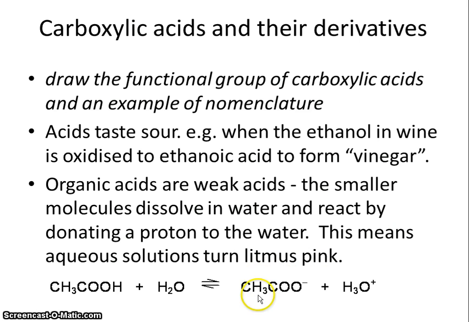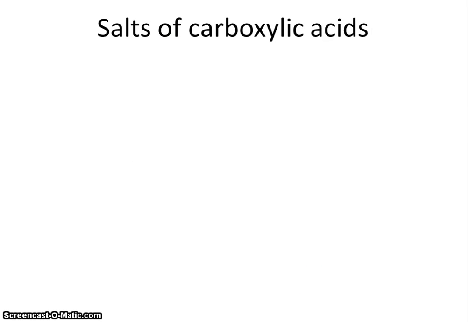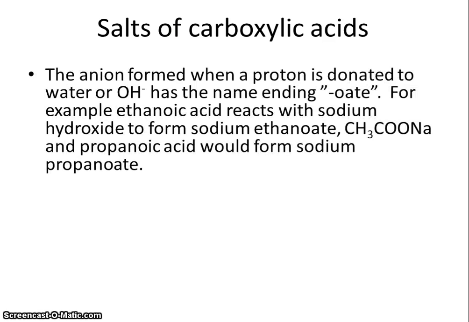A little aside though: this here is called an ethanoate ion. So ethanoic acid, ethanoate ion. If I had methanoic acid, it would be methanoate ion. Propanoic acid, propanoate ion. Now, salts. The anion formed when a proton is donated to water or hydroxide has the name ending in -oate.